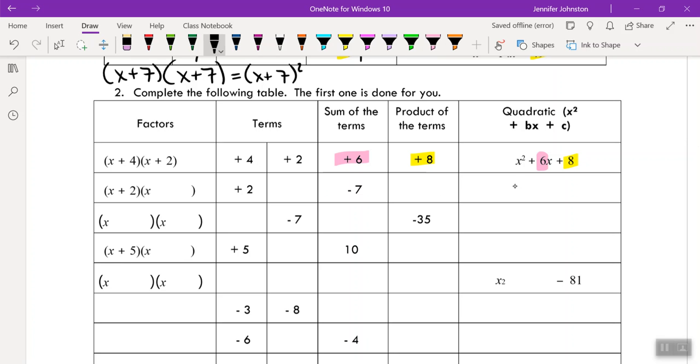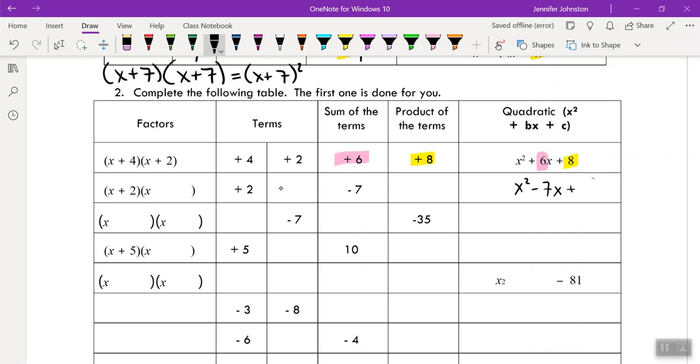So the quadratic here, we always know we're starting with x squared. We're being told that the middle number is -7, so the middle number always has an x beside it, but we don't know what the last number is. We're going to try to figure this out. We know that the terms have to add to give us -7. So 2 plus what gives us -7? 2 plus 5?